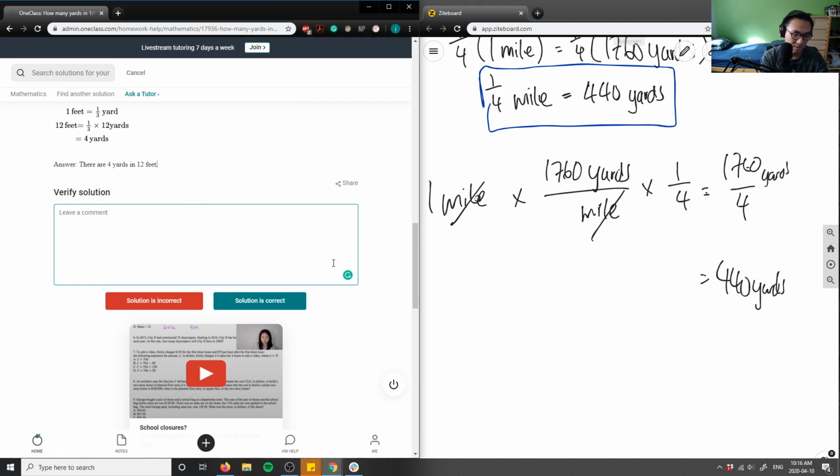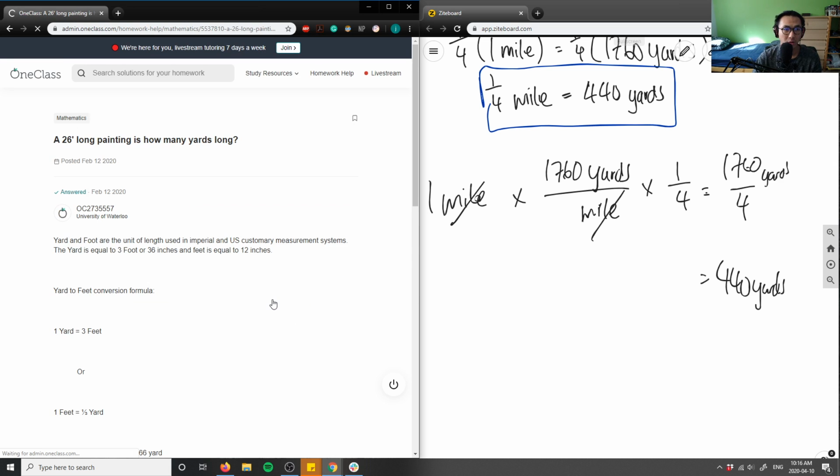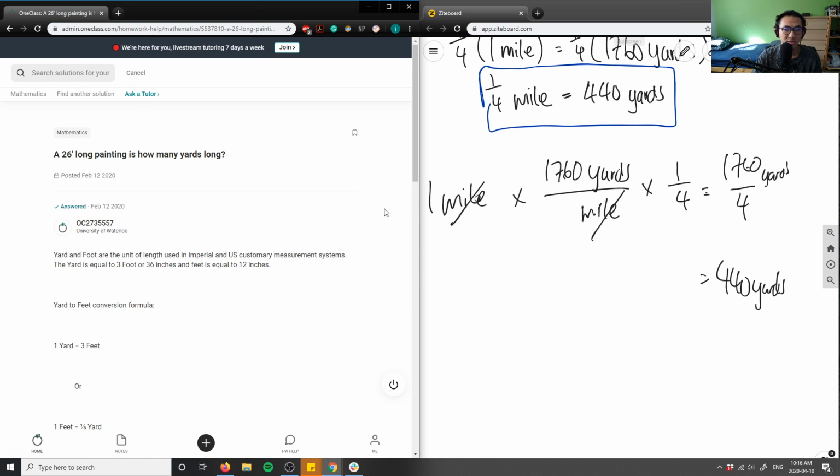I'm going to say that this is a great solution and great step-by-step process. I would have liked something with dimensional analysis, but it's totally fine for a pre-algebra course. I'm going to say the solution is correct here. That's awesome. We're 1 for 1 here, and then we're going to move on to our second problem.